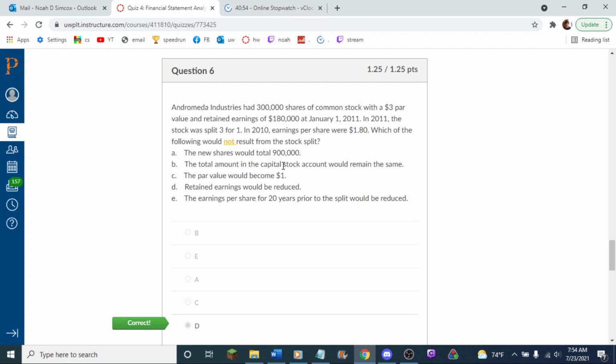I remember seeing an exact quote. Oh. The only thing that changes is the number of shares, the par value. The thing that doesn't change is retained earnings. Additional paid capital or capital stock.